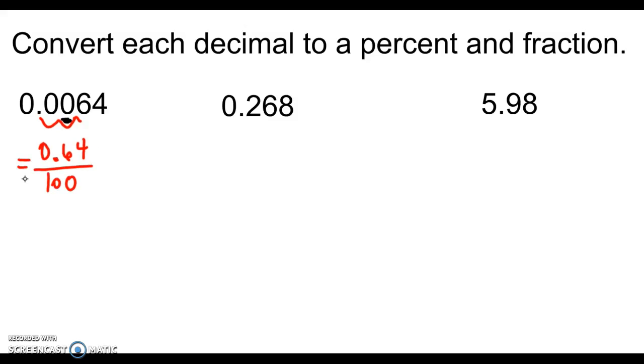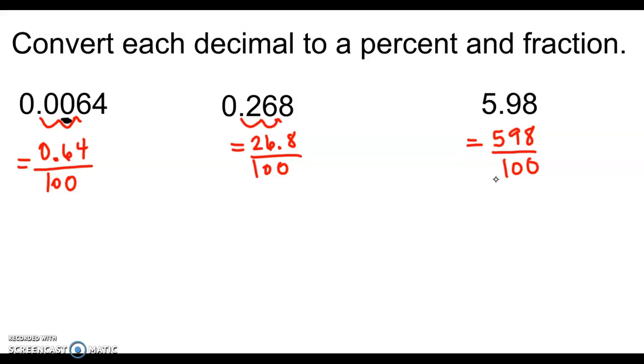Don't forget the equal sign because these are equivalent, or they're equal. Here we move the decimal over 2 spots, and we would have 26.8 hundredths. Here we move the decimal over 2 spots, the tenths, and then the hundredths, and we would have 598 hundredths. Okay?